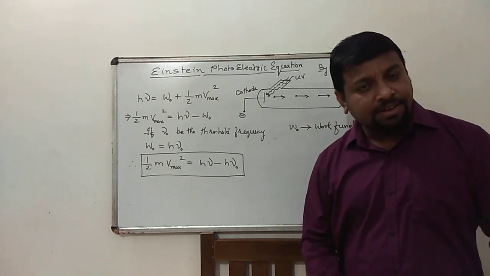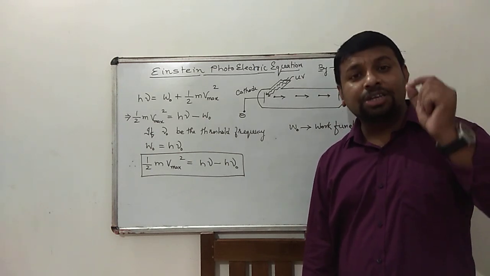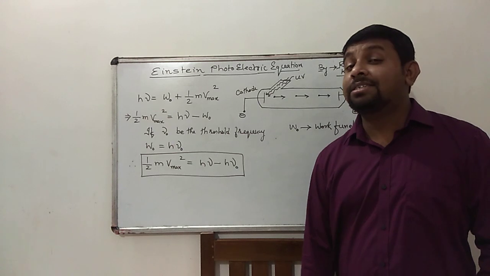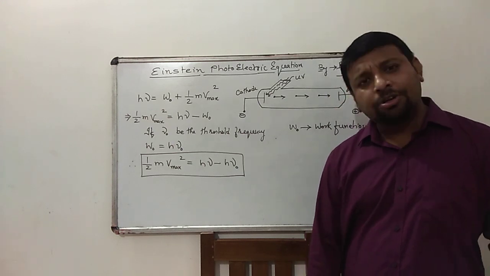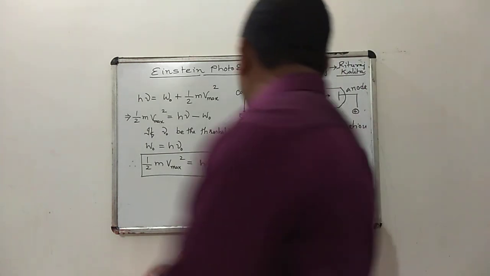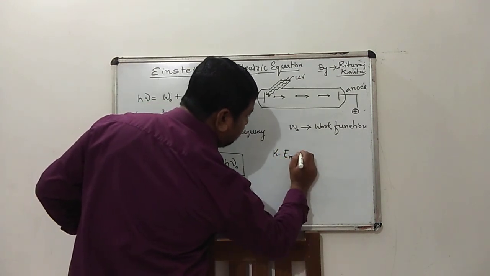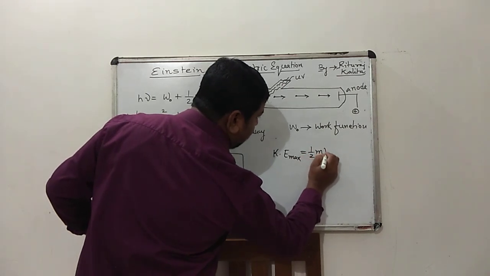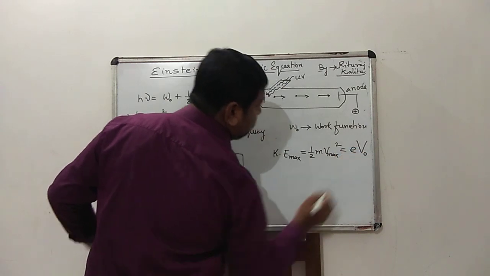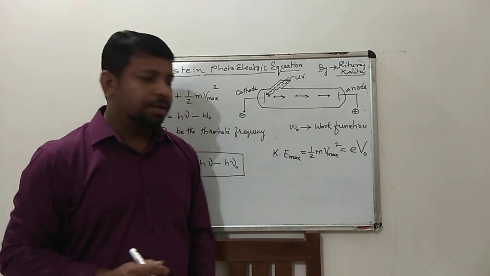That means the maximum kinetic energy, K maximum, equal to half m v maximum square, is equal to e V naught. Here e means the electron charge of the photoelectron, and V naught means stopping potential.